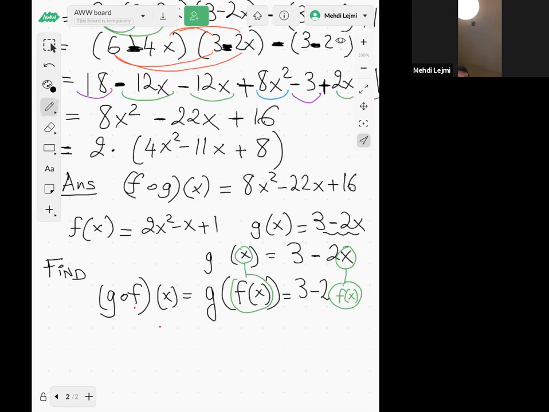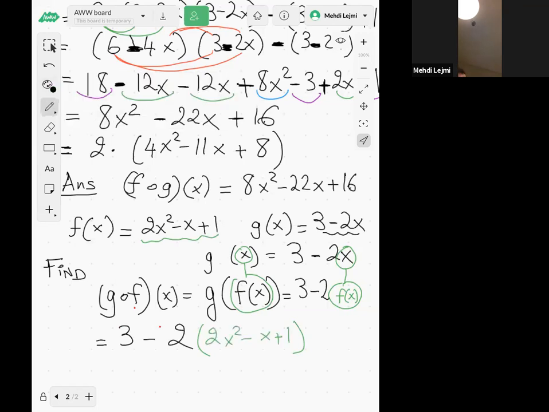Let's compute this. It's really important that you put parentheses instead of the circle. So inside the parentheses, here's my f, that's 2x squared minus x plus 1.